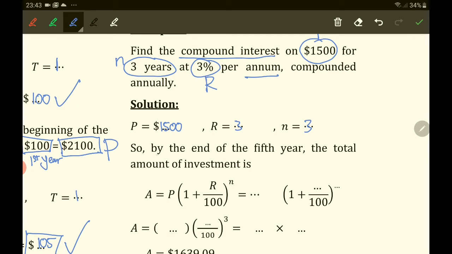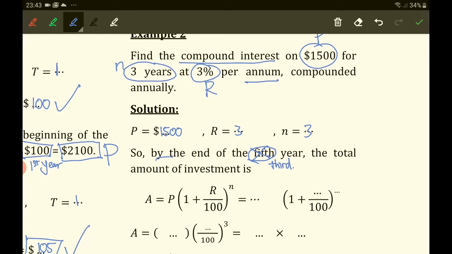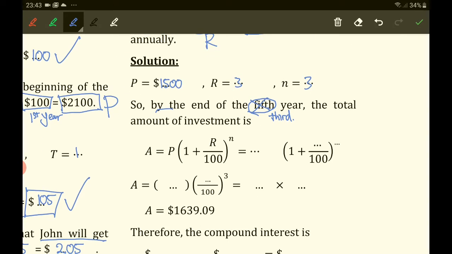By the end of this one, this should be the third year. The total amount of investment, so we're talking about the total money that you will have. So A, this is the formula.